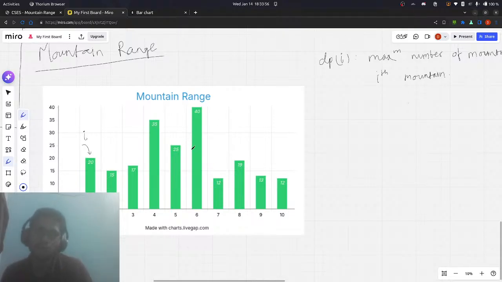Otherwise we won't be able to add up to the 40. So we will sort it, and okay, if we are doing that, then there is no point in doing an n-square solution. Hmm.